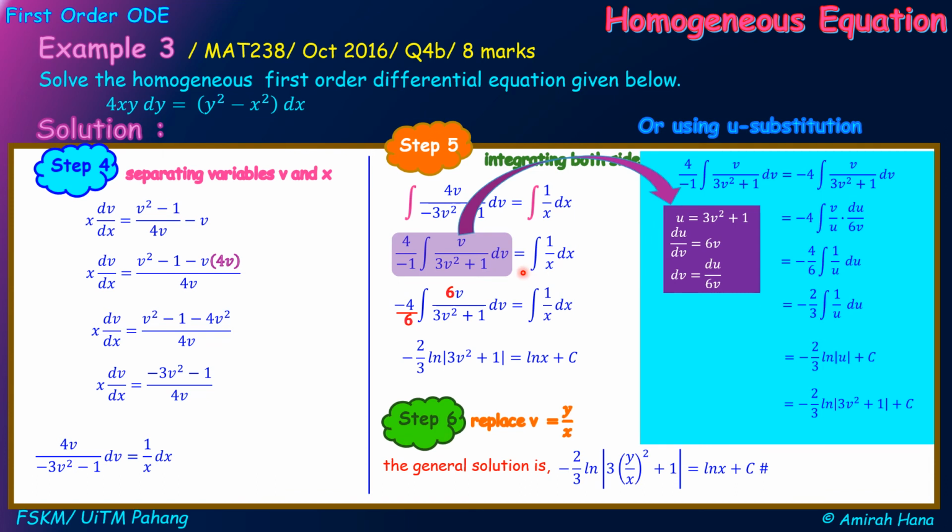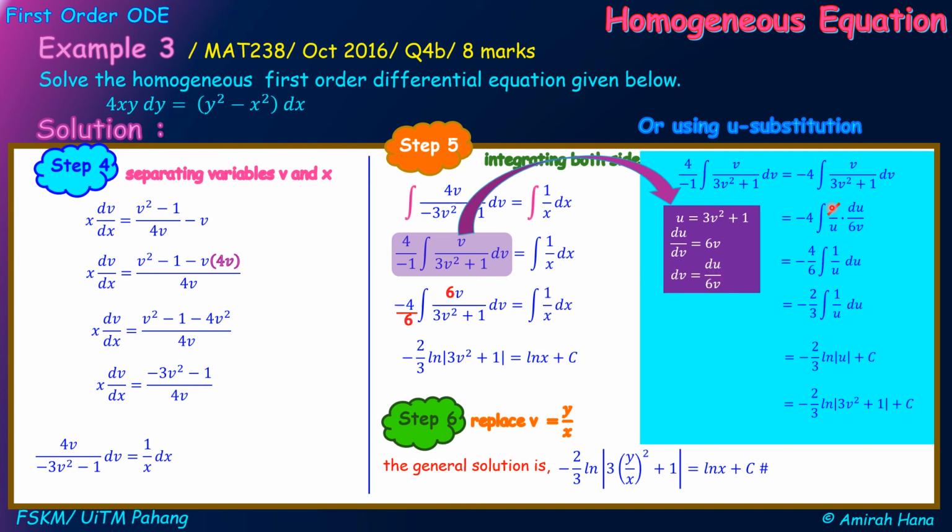And then from here, 4 over negative 1 times the integration of v over 3v squared plus 1 dv. When we simplify 4 over negative 1, we have negative 4 times the integration of v over 3v squared plus 1 dv. Now we replace 3v squared plus 1 with u, and we replace dv with du over 6v.